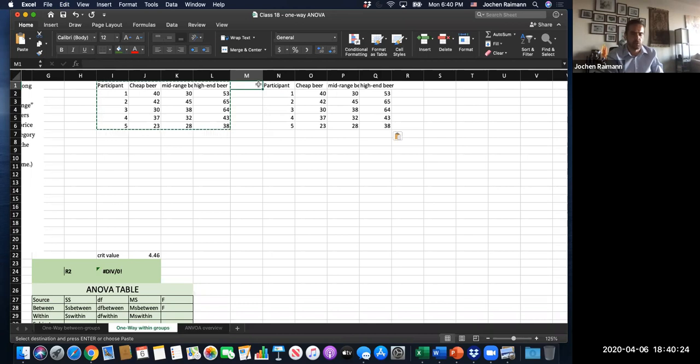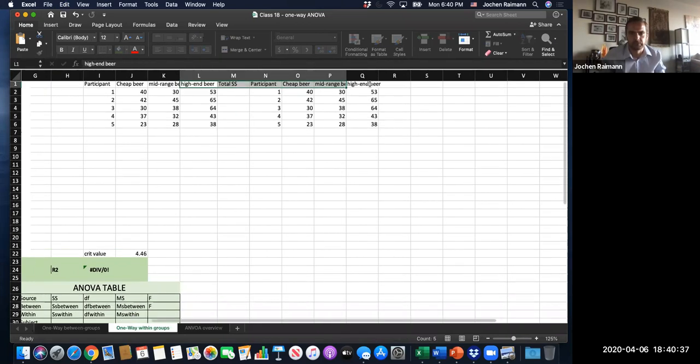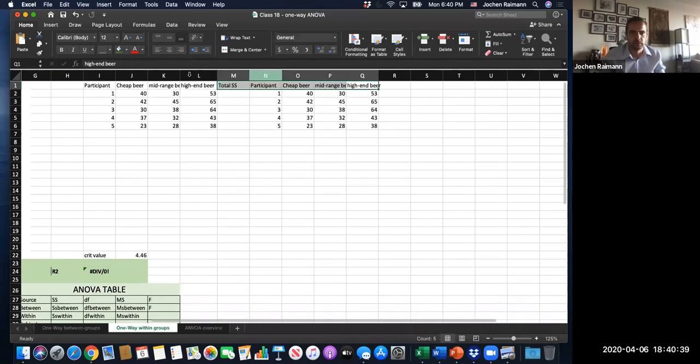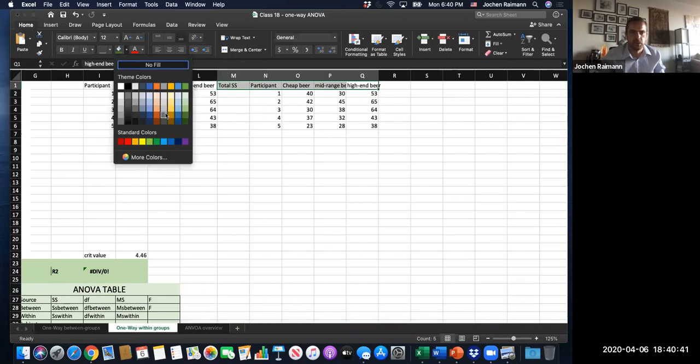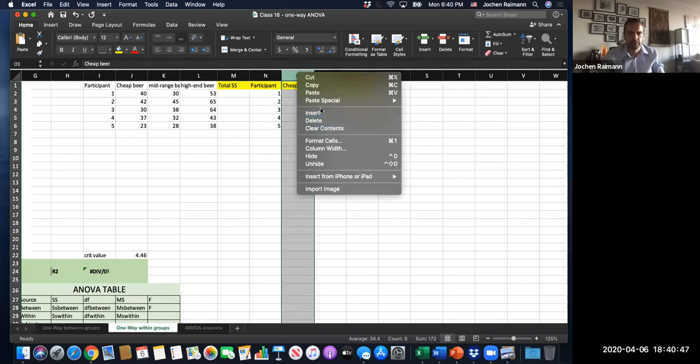We're using something that is called the long format. And I will show you that on the calculation of the total sum of squares. So let's start with this. What we essentially do in my world is use the long format.